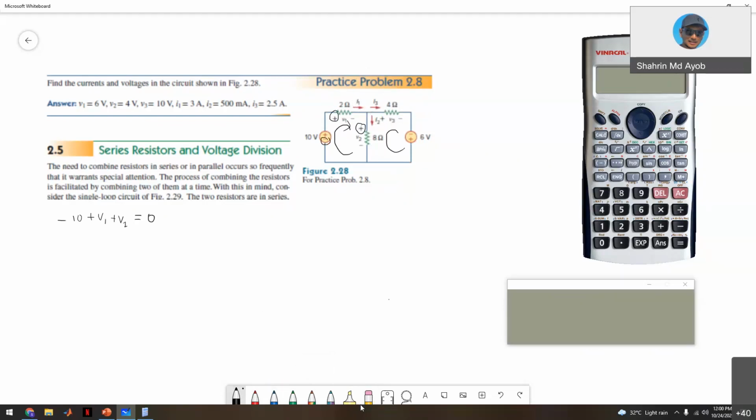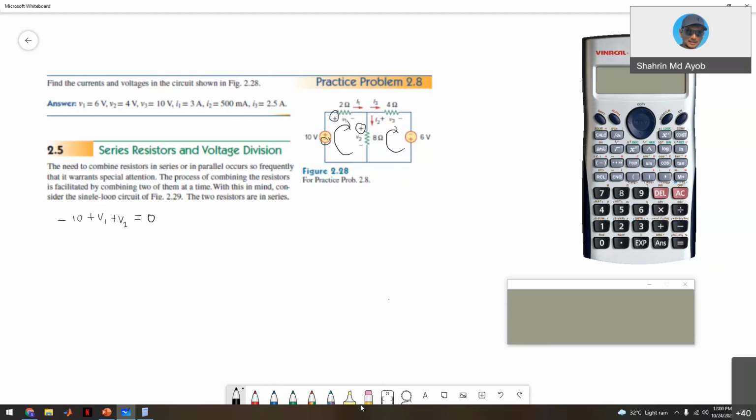Firstly, as I said, just ignore the polarity issue. We know that the current always enters the positive terminal of the resistor.